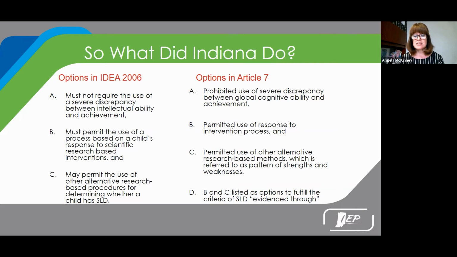And we also decided that we could have that third option, another method, and that is what we're doing as pattern of strengths and weaknesses. Okay, so in order to say that somebody has a specific learning disability, we are only left with B and C. We are either using insufficient progress model or we are using pattern of strengths and weaknesses, and those are our only options in Indiana.